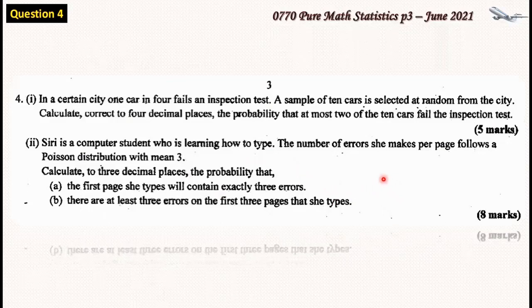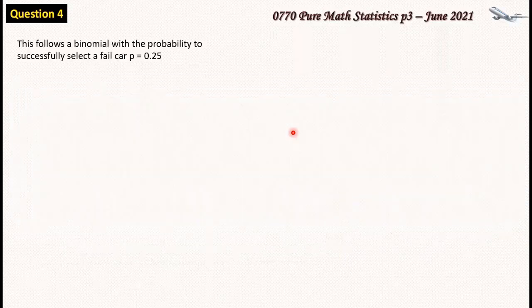So look at the question again. In a certain city, 1 car in 4 fails an inspection. So 1 in 4, let's take note, a sample of 10 cars. We want to find, correct to 4 decimal places, the probability that at most, that is not more than 2, fail the inspection. So this follows a binomial. Why do we know it's a binomial?